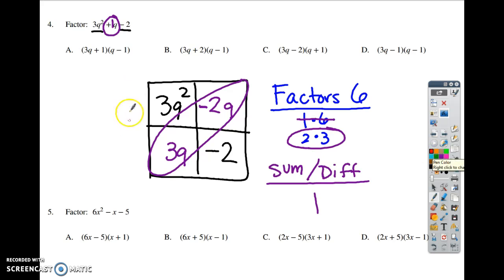Then you start filling out the outside boxes. So I know that q times q gives me q squared. But where do I put the 3? Does the 3 go with the 3 and the 2? Or does the 3 go with the 3 and the 3? Both of these can be divided by 3, so you're going to put it right there.